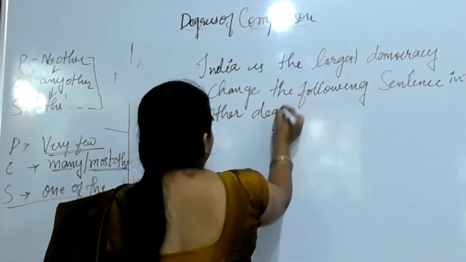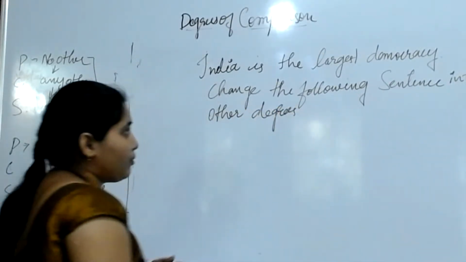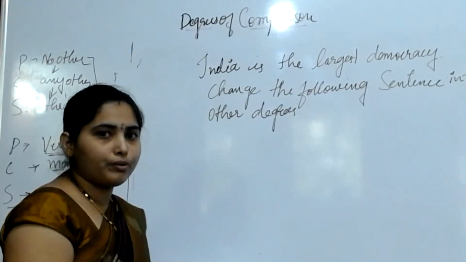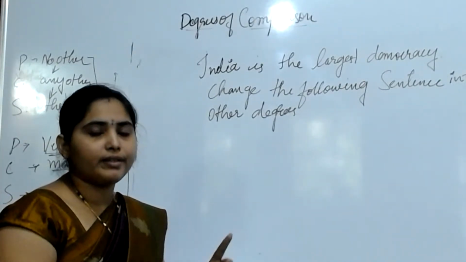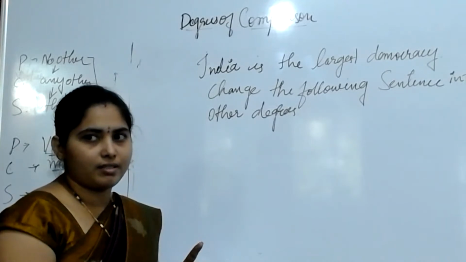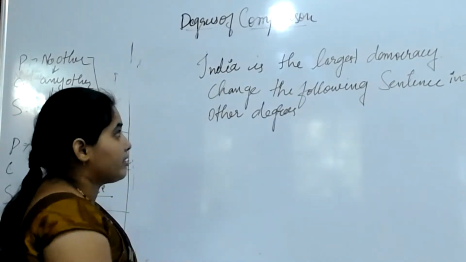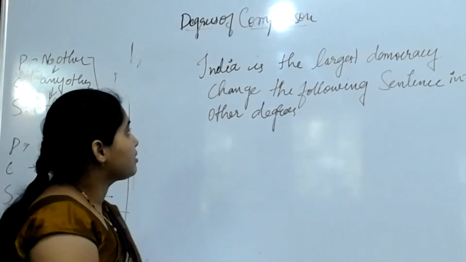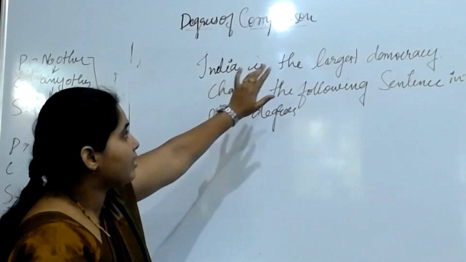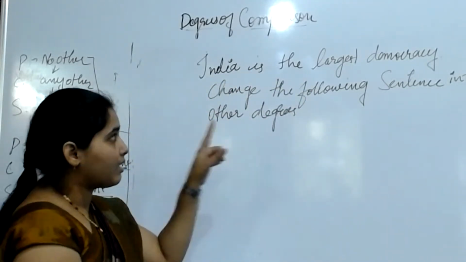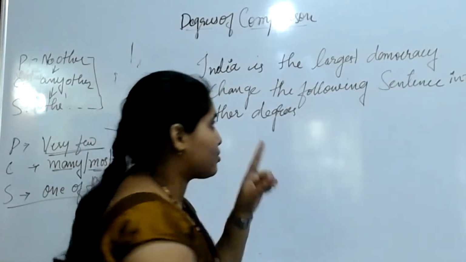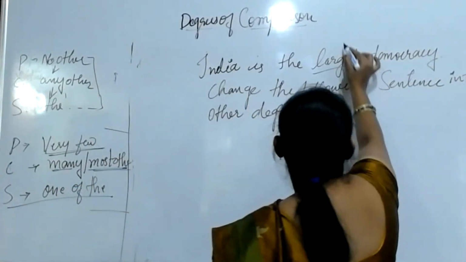So first, what you have to do here is find out which degree it is. India is the largest democracy. "Largest" shows the superlative degree.